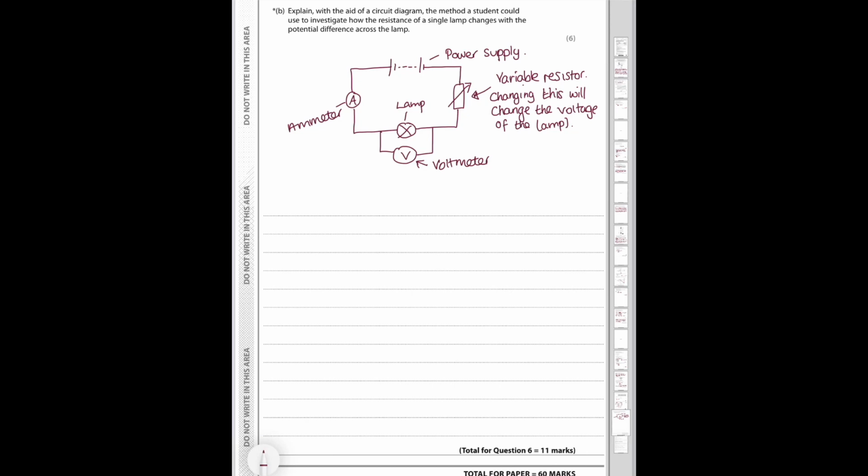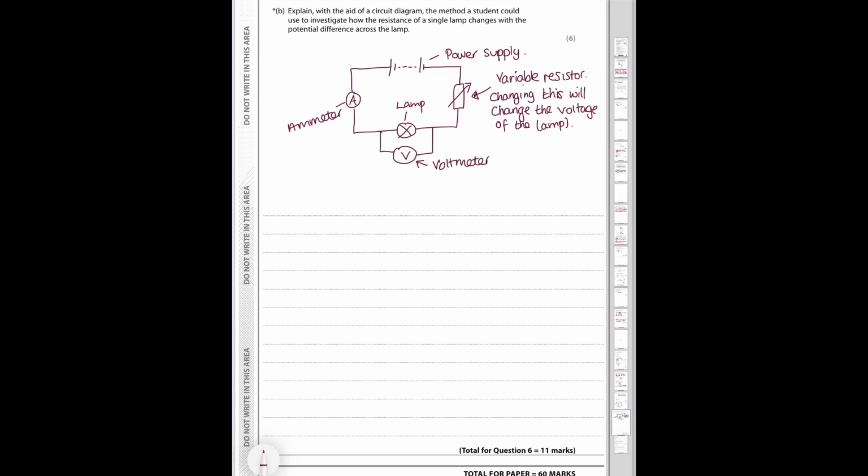So we would have to set up the equipment as shown in the diagram, and then we would calculate the resistance of the bulb using resistance is potential difference divided by current. So we would measure the voltage on the bulb using the voltmeter, we'd measure the current through the bulb using an ammeter, and then we would use the variable resistor to change the voltage of the bulb.